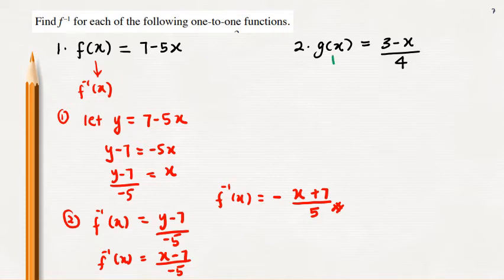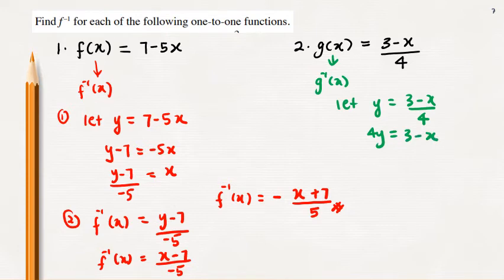Okay, so now gx kita nak jadikan dia g inverse x. So now kita kena let y is equal to 3 minus x over 4. Okay, rearrange first for y is equal to 3 minus x. So it's become 4y is equal to 3 minus x.